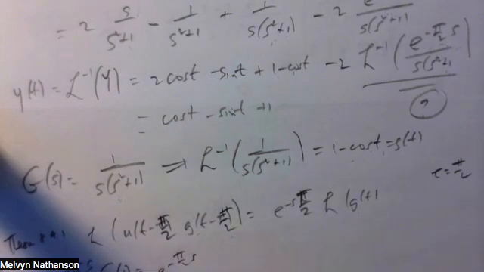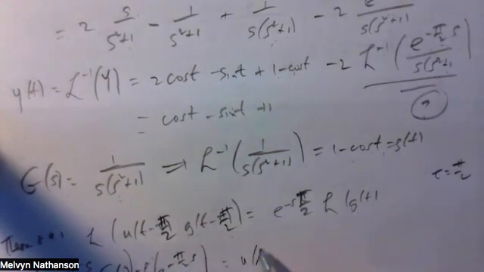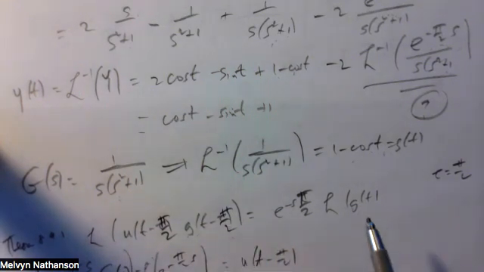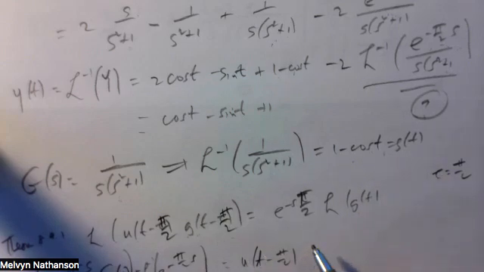The inverse Laplace transform is equal to u of t minus pi over 2, g of t minus pi over 2, where g of t is 1 minus cosine.